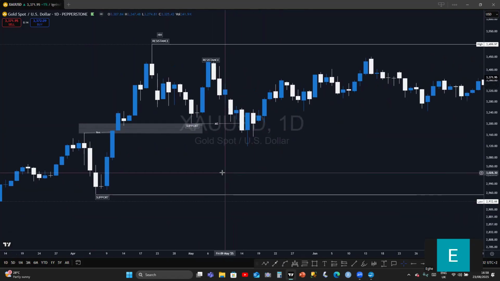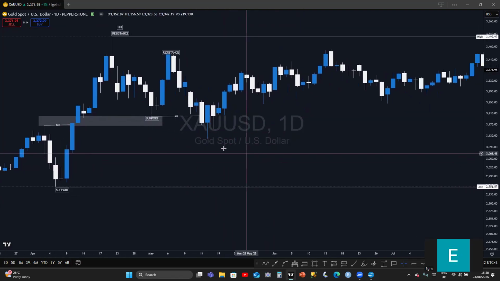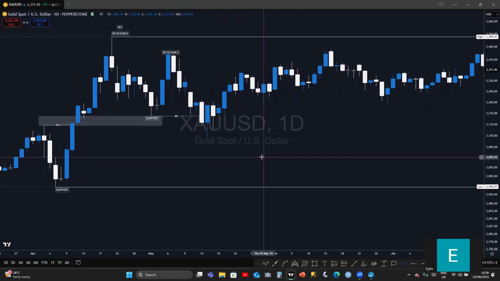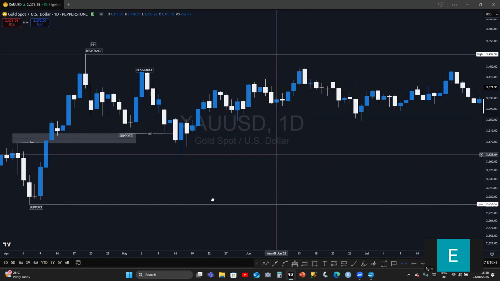Because either way, if it's a bearish trend, before it changes to become a bullish trend, it must violate the bearish structure. It must violate a resistance.